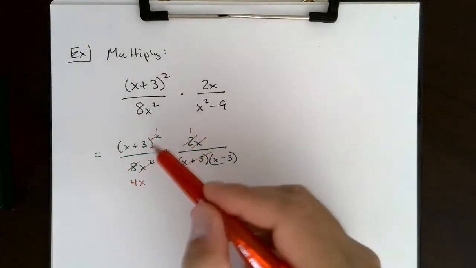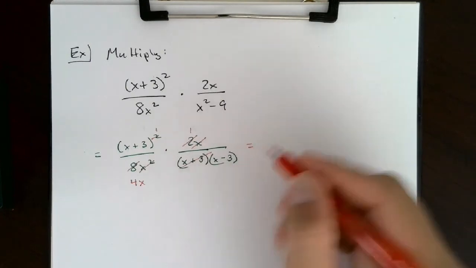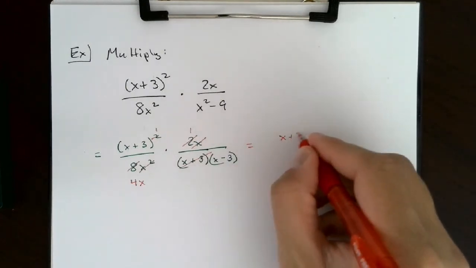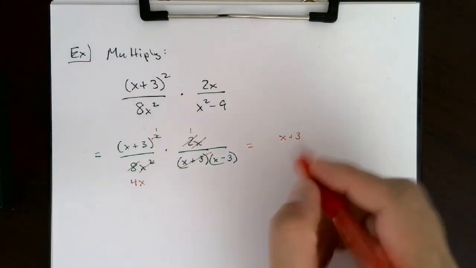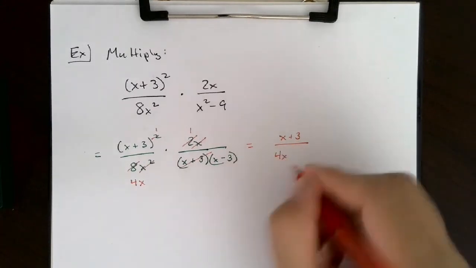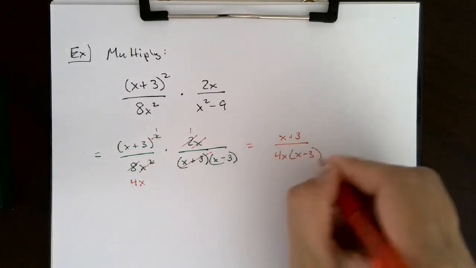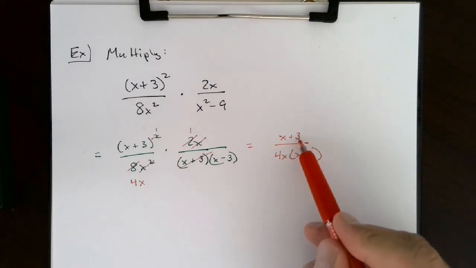And then you should check to see if there's anything else that cancels. The 4x won't cancel with the x minus 3. So I'm left with this. I have x plus 3, which, since I'm multiplying this just times 1, I'll just leave as x plus 3 without the parentheses, over 4x times x minus 3. And when you look at this, make sure you don't try to cancel the plus 3 and the minus 3.